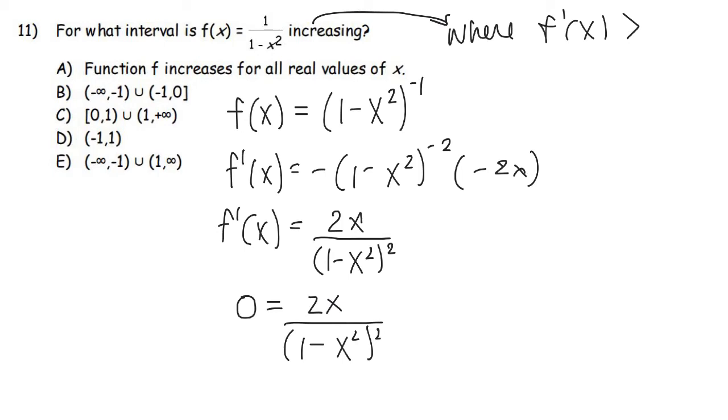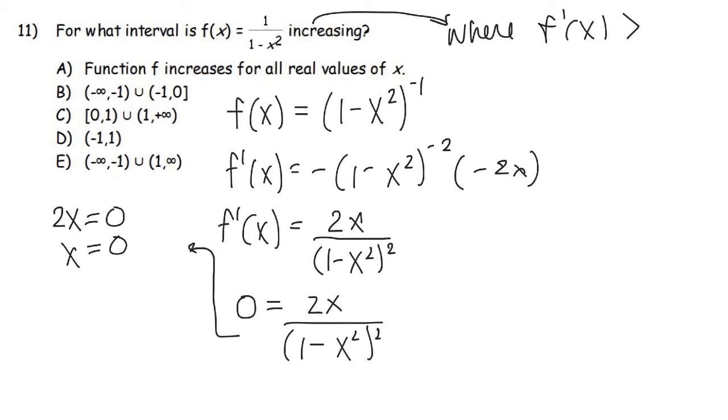The only way a fraction can be equal to 0 is if the numerator equals 0. So that means 2x would have to equal 0, so x equals 0. So there's a critical point.